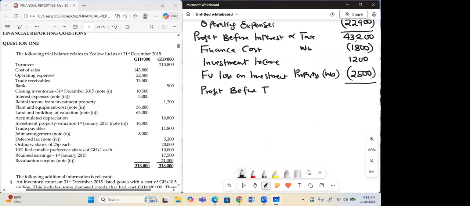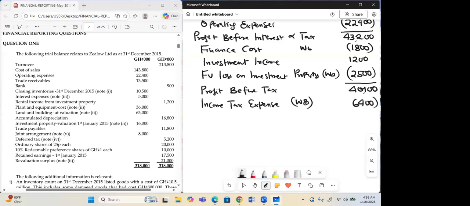Let's see our profit before tax. 4,100. Then now the income tax expense. That was working 8. 6,400.